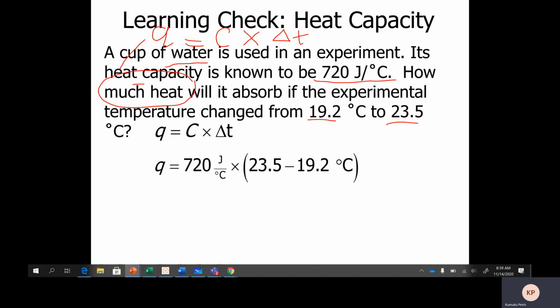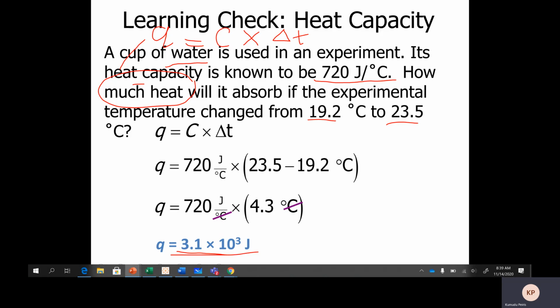The C equals 720 joules per degree Celsius and the temperature change will be 23.5 minus 19.2, and you will get the answer as 3.1 times 10 to the third joules. So the unit for the Q, or the heat, will be obtained in joules.